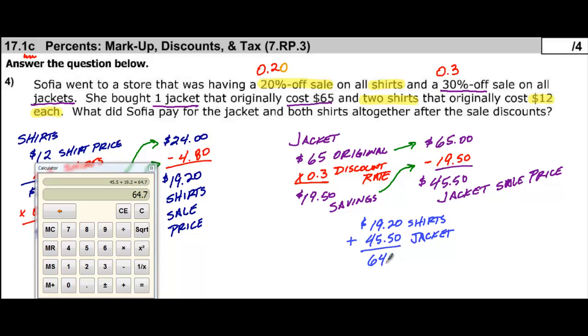Her total cost is $64.70. So the $64.70 is our final answer. That is Sophia's total cost.